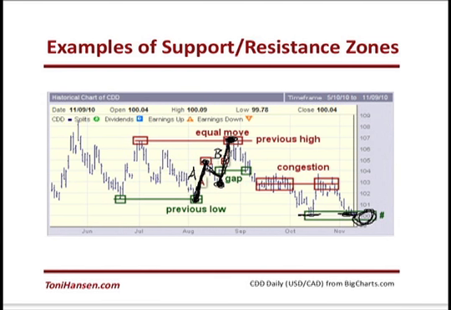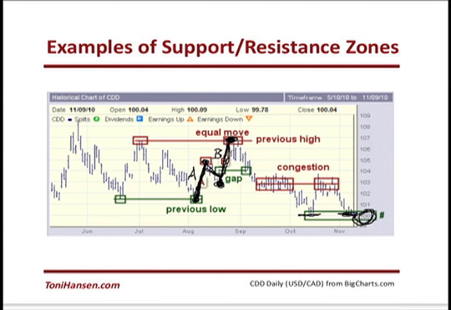And the more support and resistance levels you have taking place in one zone, the stronger that level is going to be. So if you have gap closures taking place at the same time as a whole number support, at the same time as previous highs or previous lows, they're all going to be working together. And the more of them you have together, the more pros you have for your position.